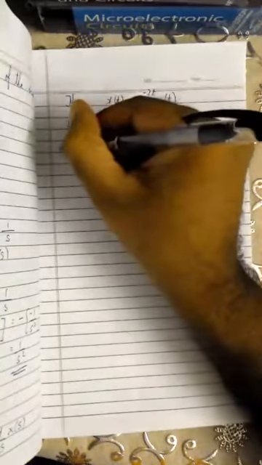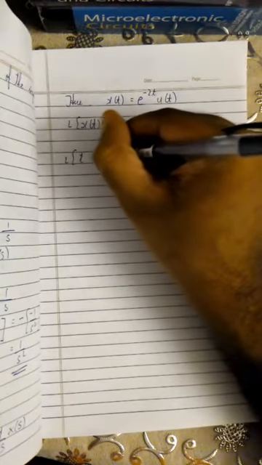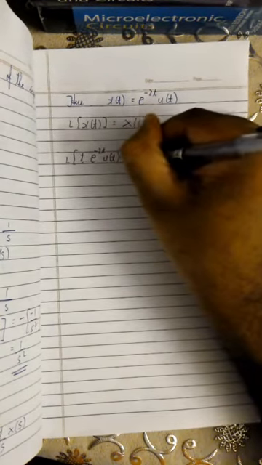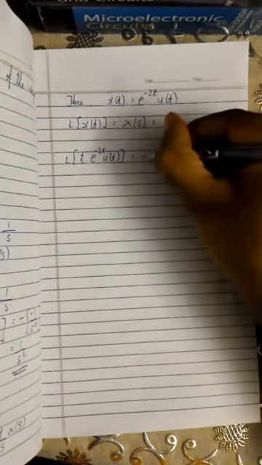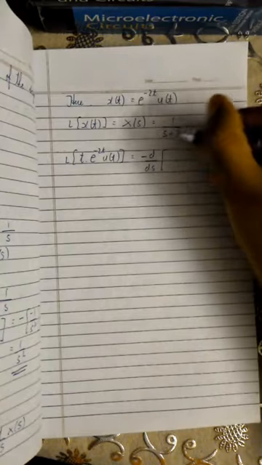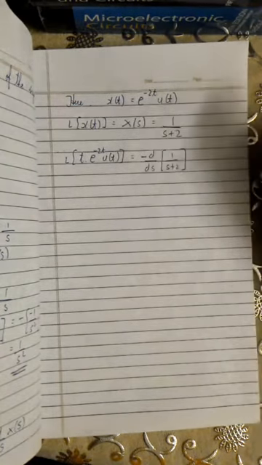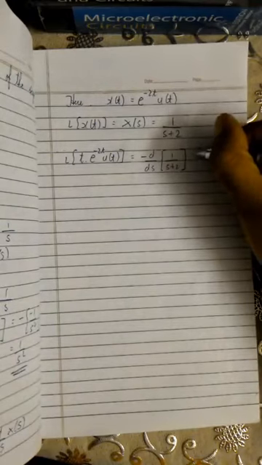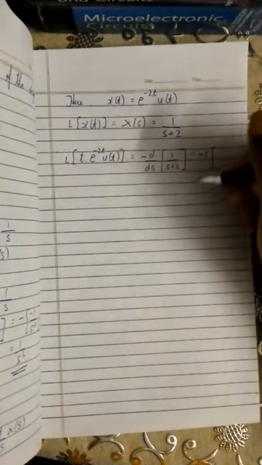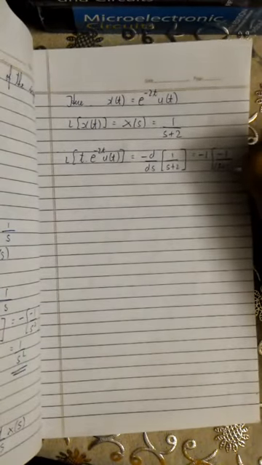Therefore the Laplace transform of t into e raised to minus 2t into u of t is minus of d by ds of 1 by s plus 2. So this is nothing but minus 1 into, what is the differentiation of 1 by s plus 2? It is minus 1 by s plus 2 the whole square.